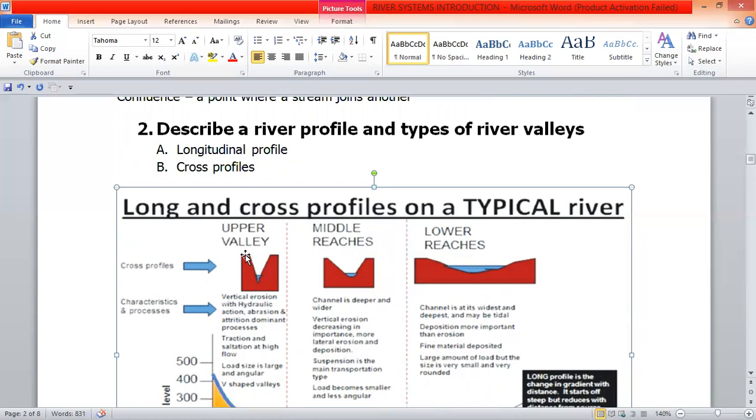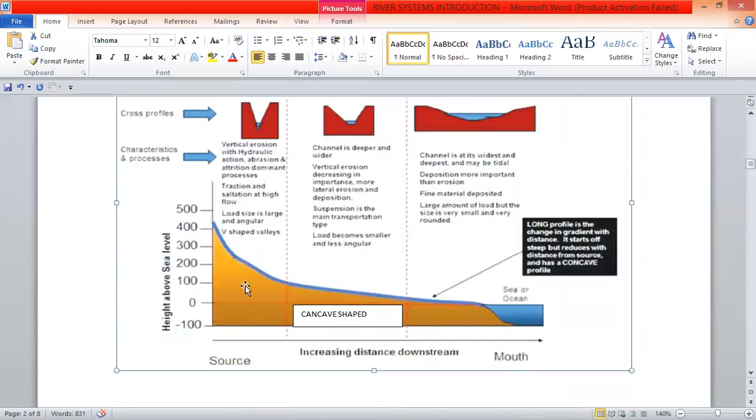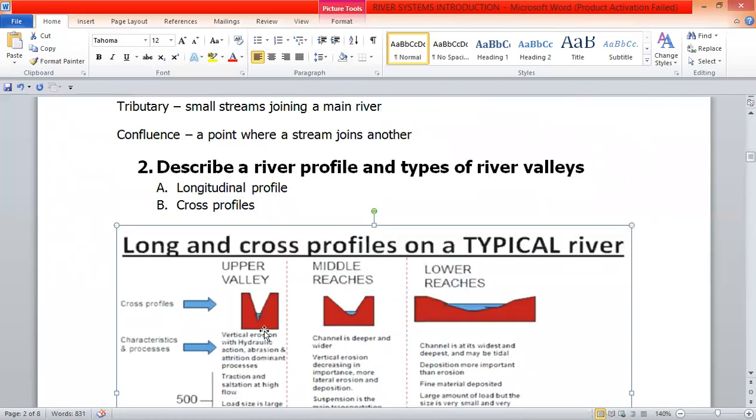We have a cross profile that is V-shaped, as we have said here in the longitudinal, it is found in the upper stage of the stream. It is found at the upper reaches of a river. It's a V-shaped cross profile, okay? Because the erosion is vertical.